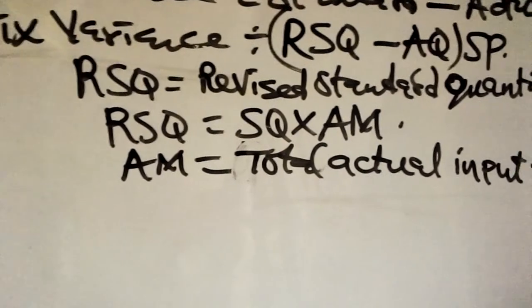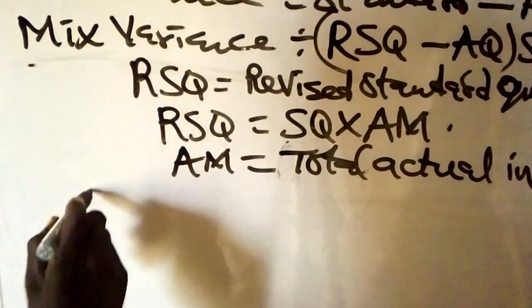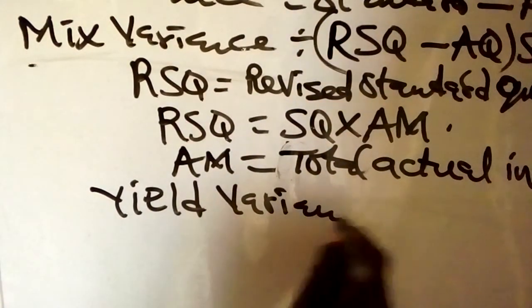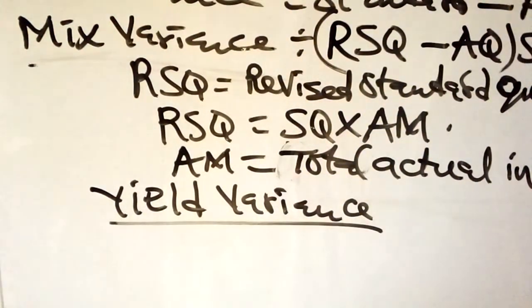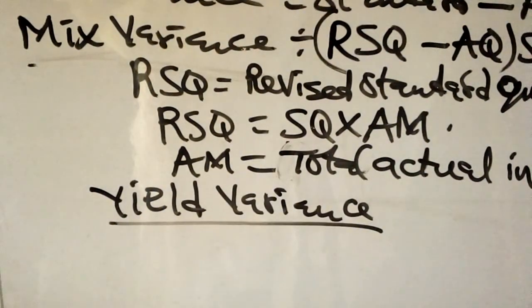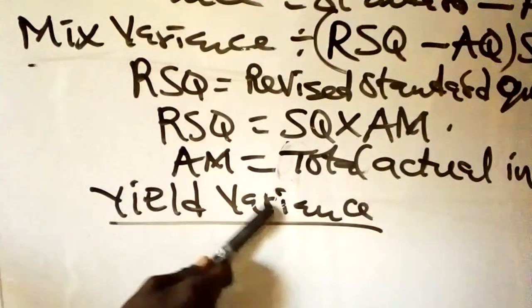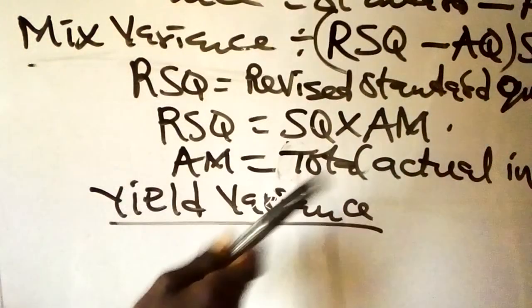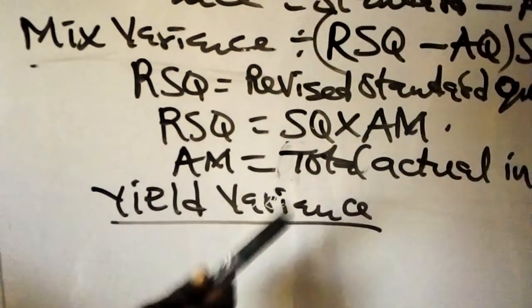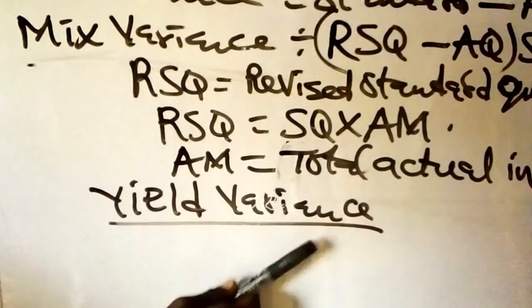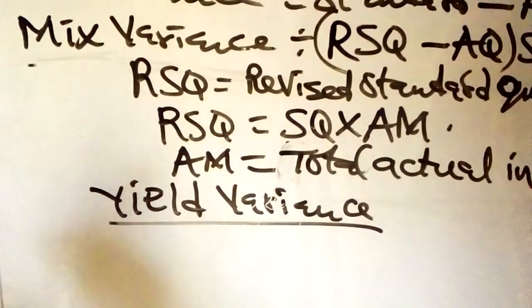Then the second one I'm going to look at is material yield variance. A yield variance measures the efficiency of turning inputs into outputs.